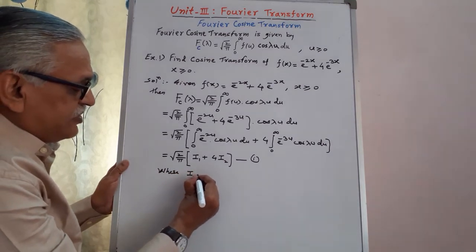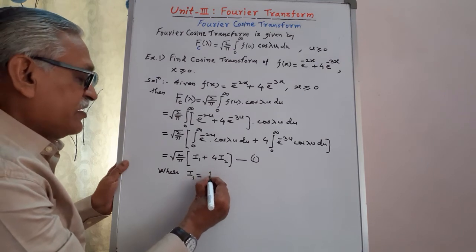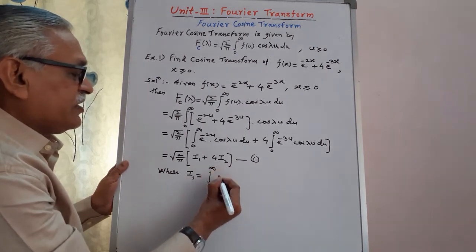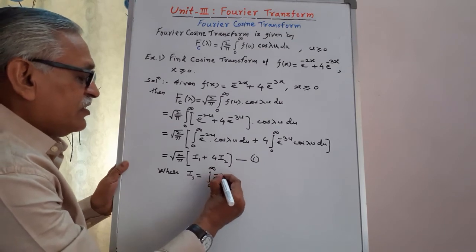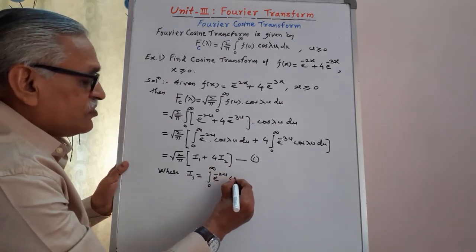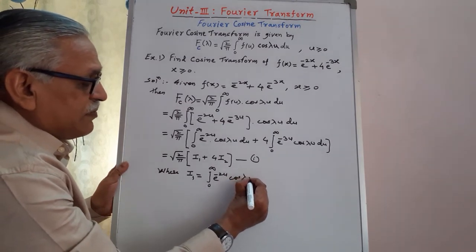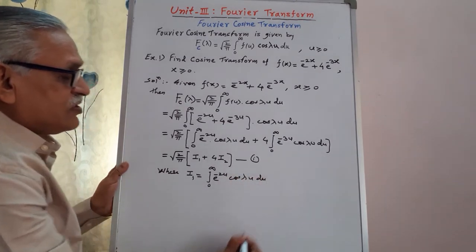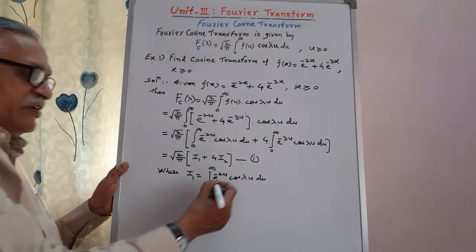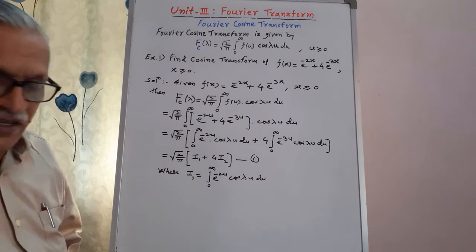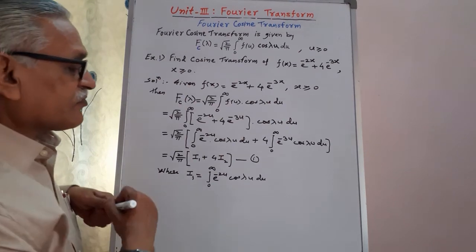Where first integral I1 is equals to integral from 0 to infinity of e raised to minus 2u cos of lambda u du, and to integrate it we use the standard result of integration.